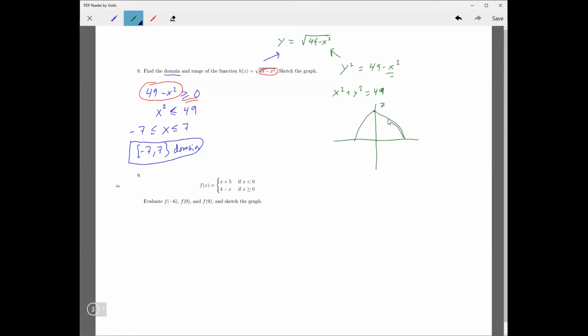Except it's just going to be the upper part of the circle, okay? Because this is plus here. So the minus would give you the bottom part of the circle. So that's kind of what it's going to look like. And the range will be from 0 to 7. That will be the values of the range.